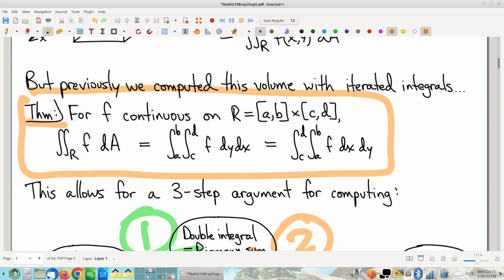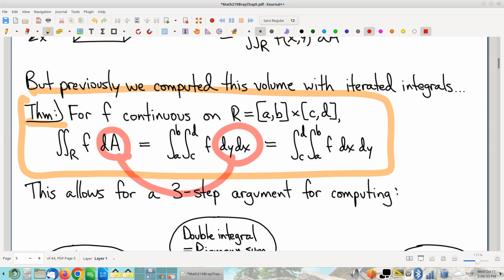Now, let me make the devil's advocate argument here. The argument goes, well, isn't this the same as that? And doesn't that look basically the same as that? What this is an observation of is a motivation for these notations. But fundamentally, these are very, very different things.